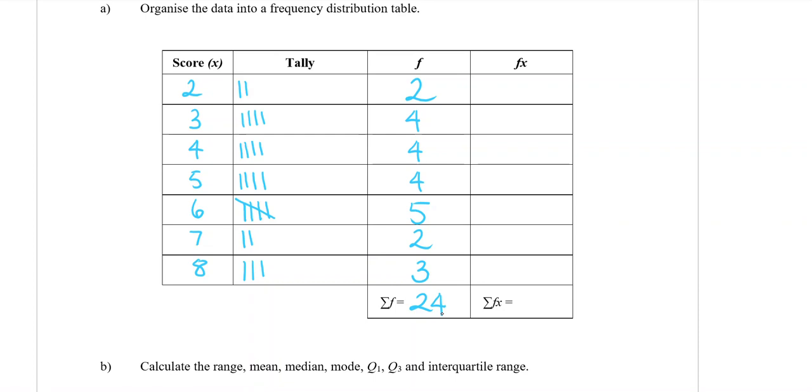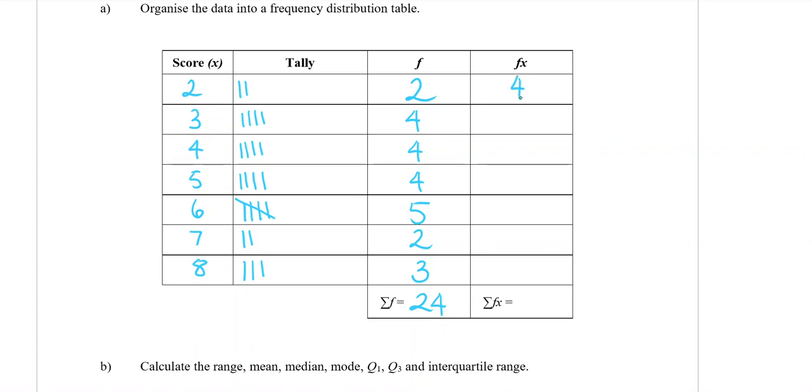Okay, the final column we need to help us find the mean. It's going to help us sum up all of our results. So to find the fx, they're next to each other, it means we have to times them. I'm timesing the frequency, which is 2, by the x, which see the x up here, is the score. So you're going 2 times 2 will make 4 for that first box. Then you do the next row.